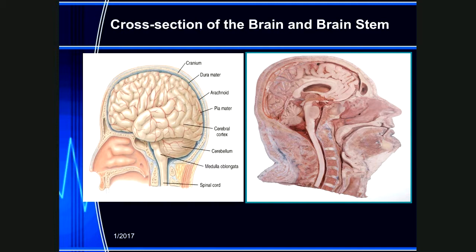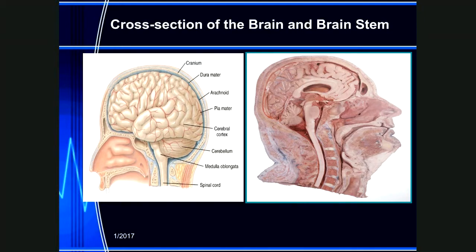Here we have a cross-section of the brain and brain stem. The brain consists of the cerebrum, which is the largest portion of the brain and is referred to as the gray matter.